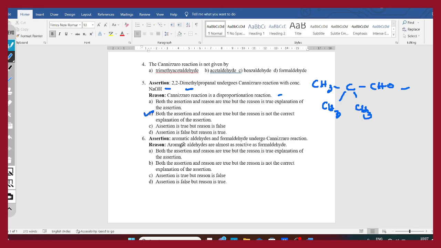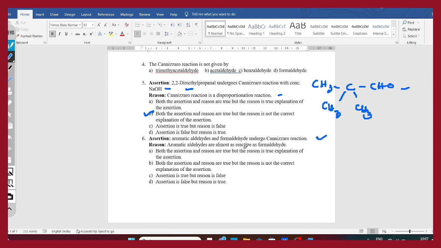Next, assertion: aromatic aldehyde and formaldehyde undergo the Cannizzaro reaction. Reason: aromatic aldehydes are almost as reactive as formaldehyde. Statement 1 is correct, because formaldehyde and aromatic aldehyde do not contain alpha hydrogen, so both give the Cannizzaro reaction.